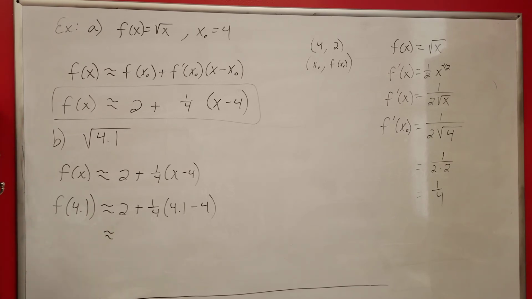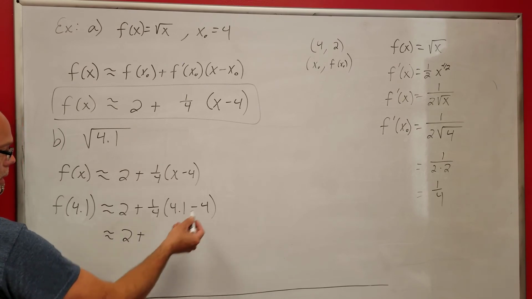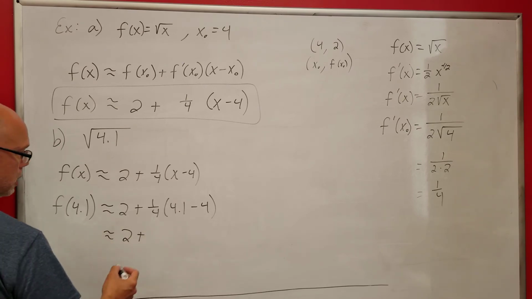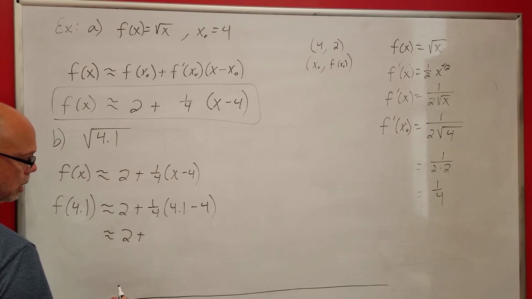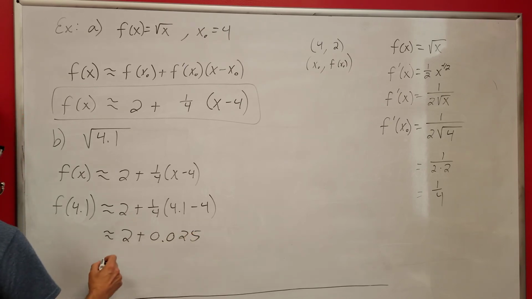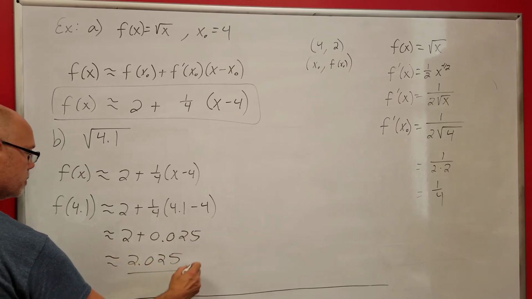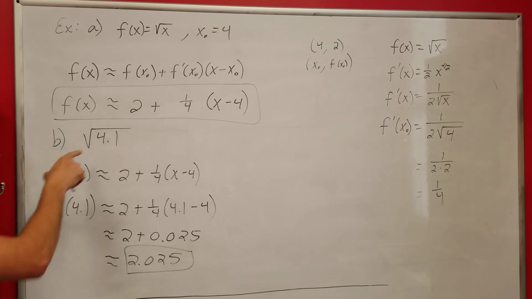Well, that's approximately 2 plus 1/4 of a tenth, which is 0.025. So about 2.025 is my approximation of the square root of 4.1.